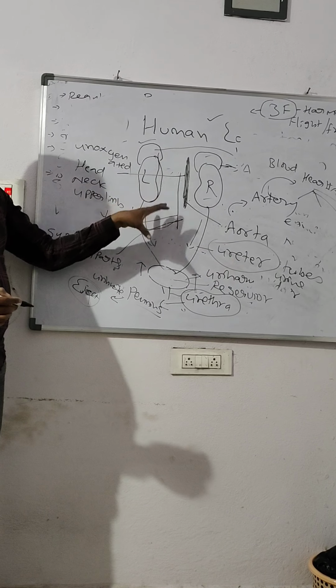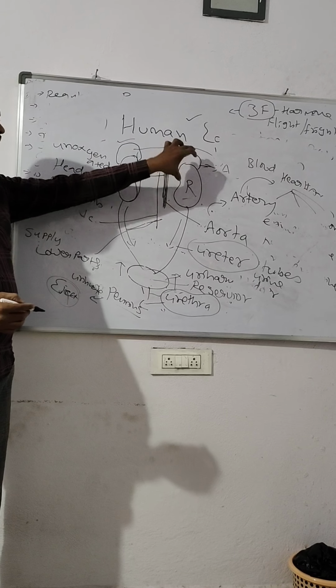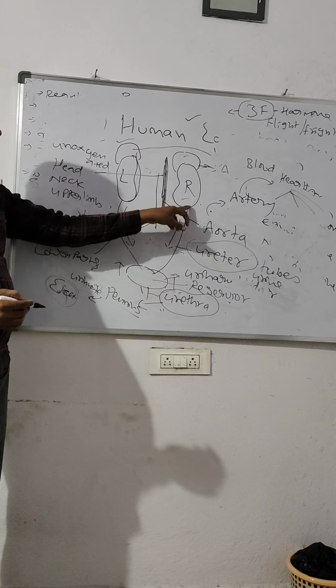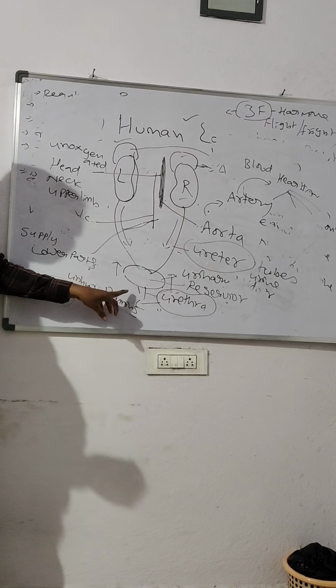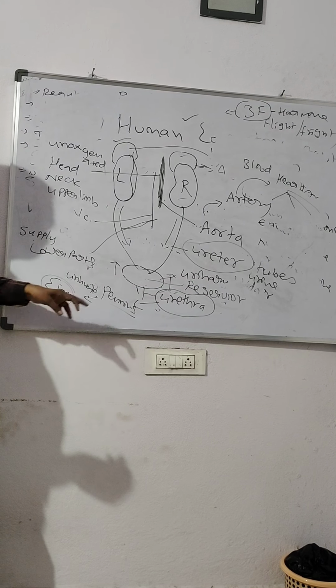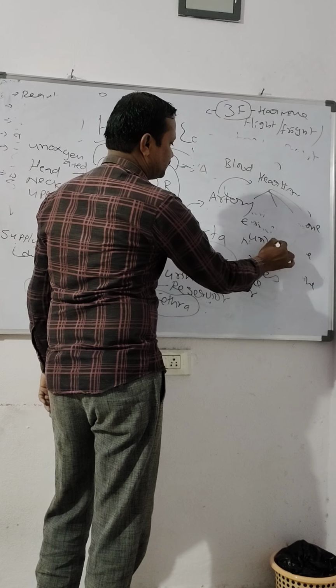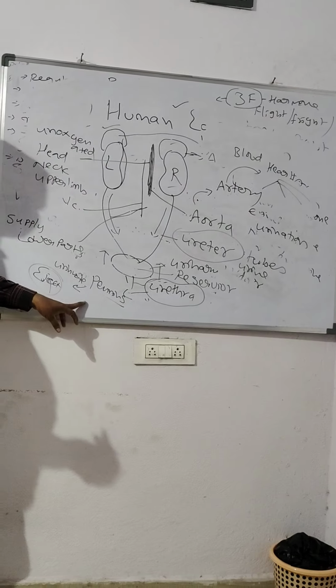So the process of the human excretory system starts from the adrenal gland, kidneys, both V-shaped kidneys, tubules, that is ureter, urinary bladder. Finally, it is excreted or urinated. So the process is called urination.